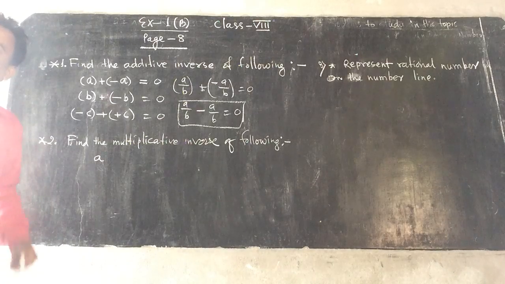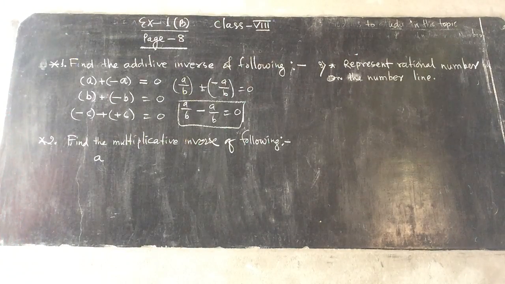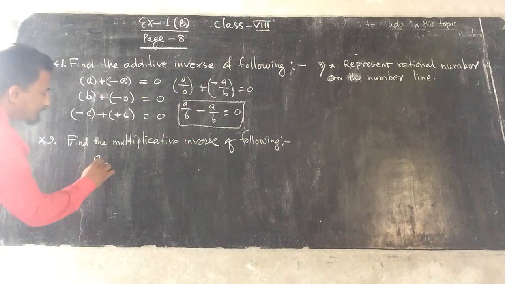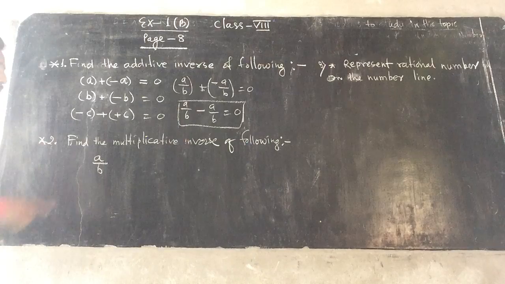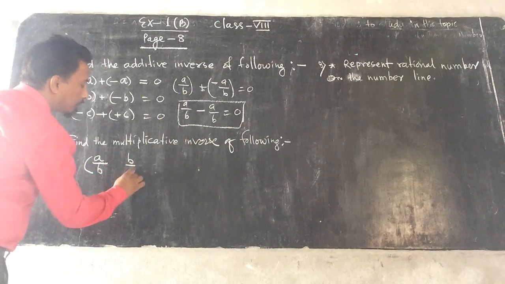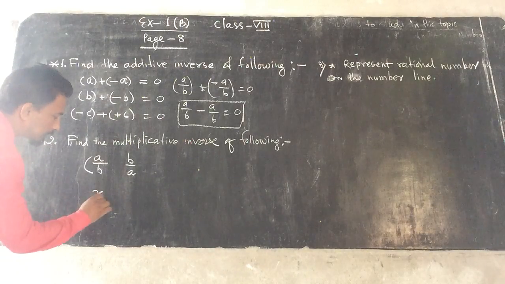Multiplicative inverse means the reciprocal of any rational number. Suppose it is A by B. What is the multiplicative inverse of A by B? It is B by A. What is the multiplicative inverse of X by Y?